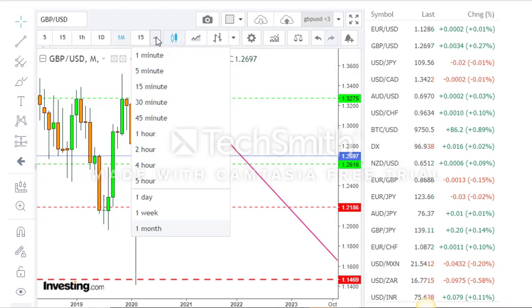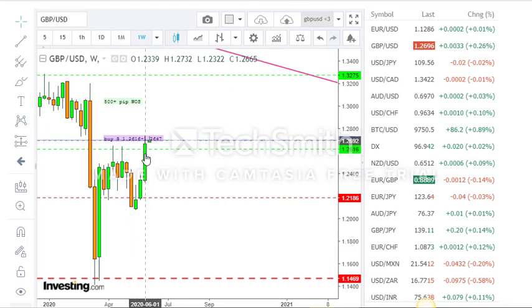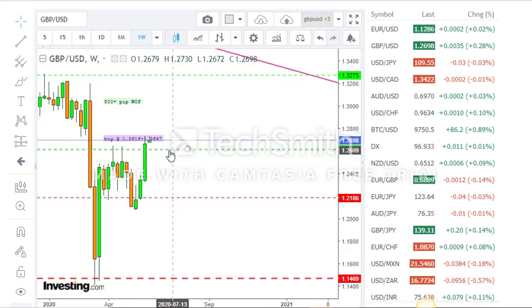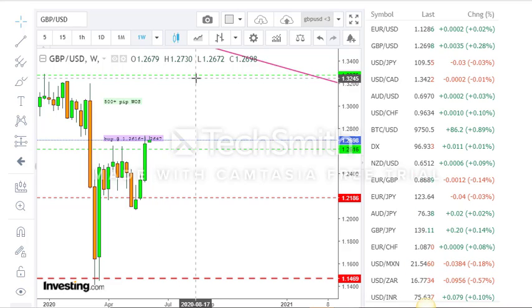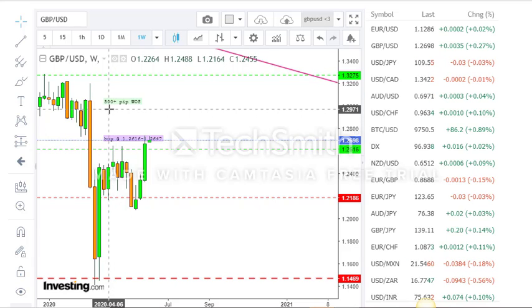But if you look at this pair on a weekly, you'll see it had a pretty strong weekly bullish candle. What's most likely going to happen is it's going to try to retest this level, this 1.2616, and then most likely continue upward. So that would be a window of opportunity for you to get in. And like I said, you have about 500 plus pips of wide open space here.